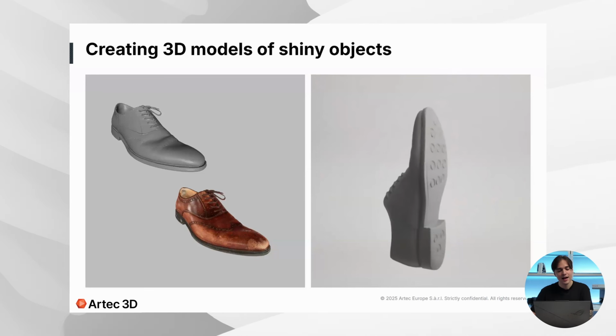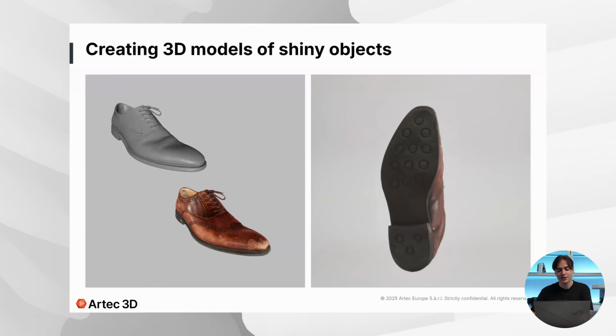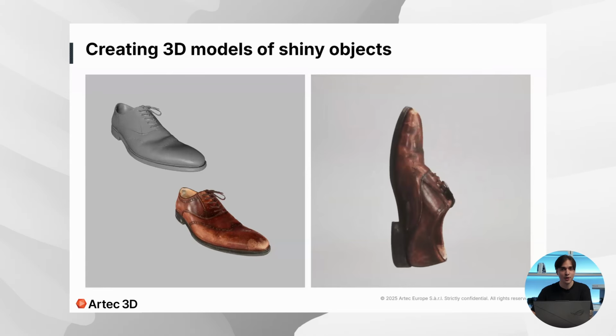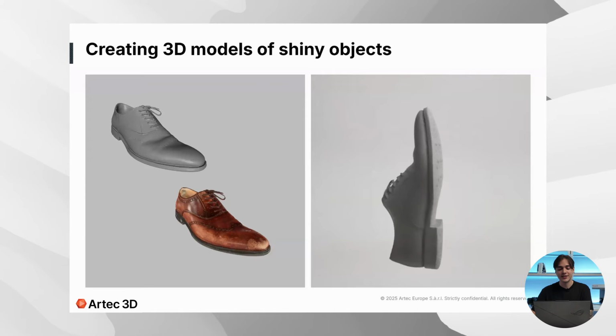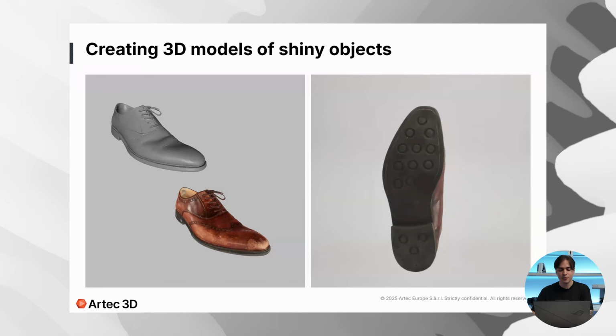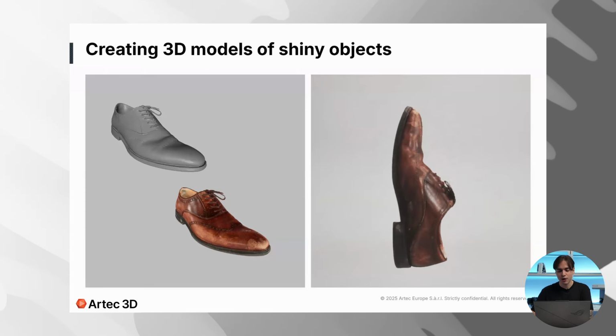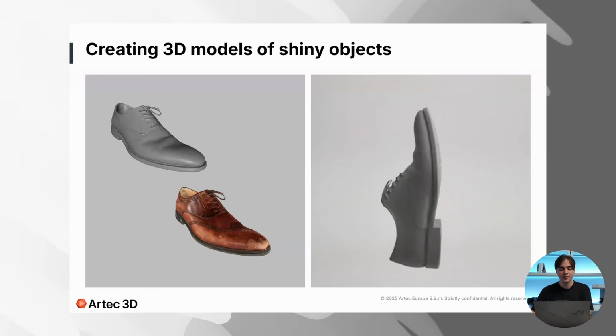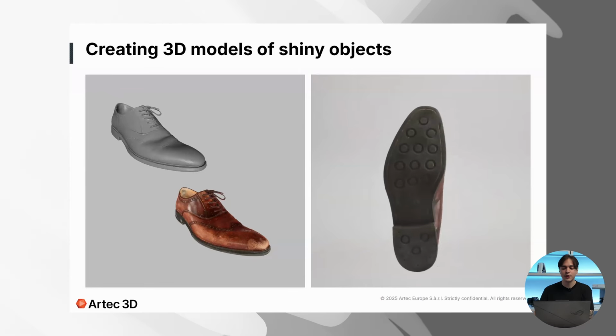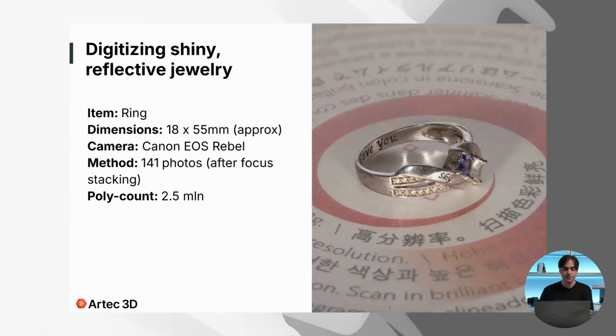So here we got a really nice model, which can be a great example, for instance, for e-commerce. If you run a shop and you need to showcase different products that you have, photogrammetry can fit here quite nicely.